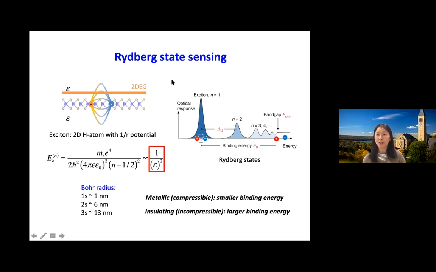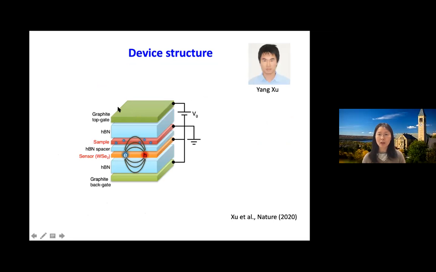Naively, if this 2D electron gas is metallic or compressible, then it will screen the Coulomb interaction between the electron and hole. Then you get a smaller binding energy, smaller intensity. And if it's insulating, it will screen less, so you see a larger binding energy and a larger intensity for the exciton.